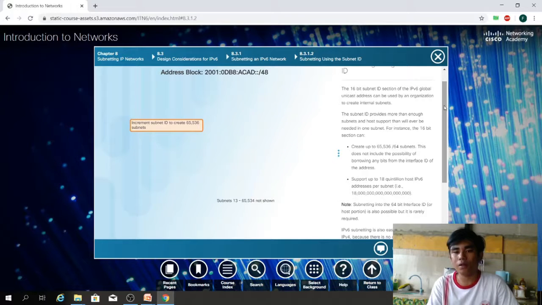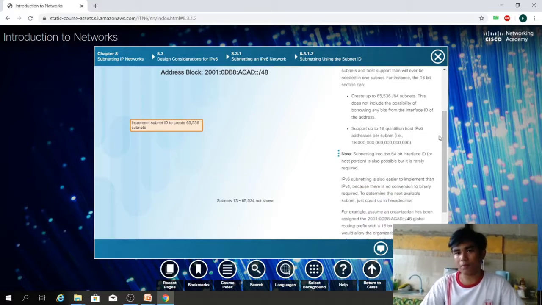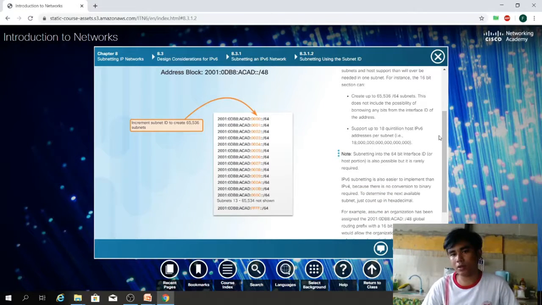For instance, the 16 bits can create up to 65,536 /64 subnets. This does not include the possibility of borrowing any bits of the interface ID of the address, with support of 18 quintillion hosts.